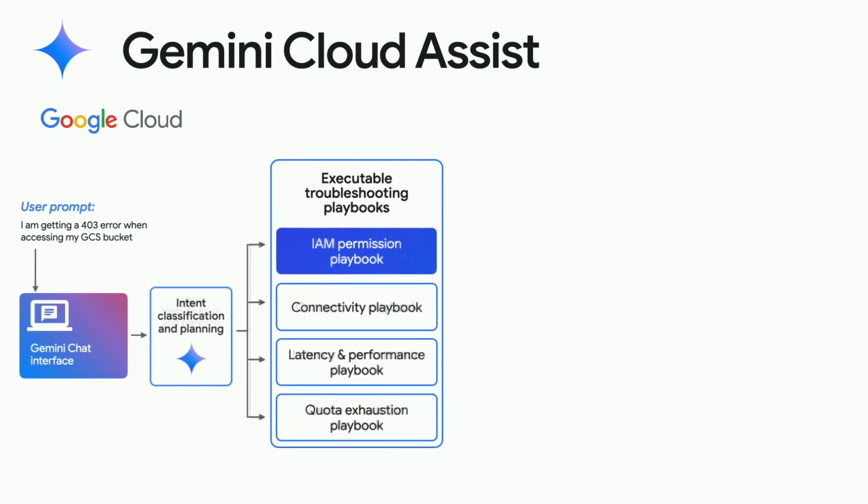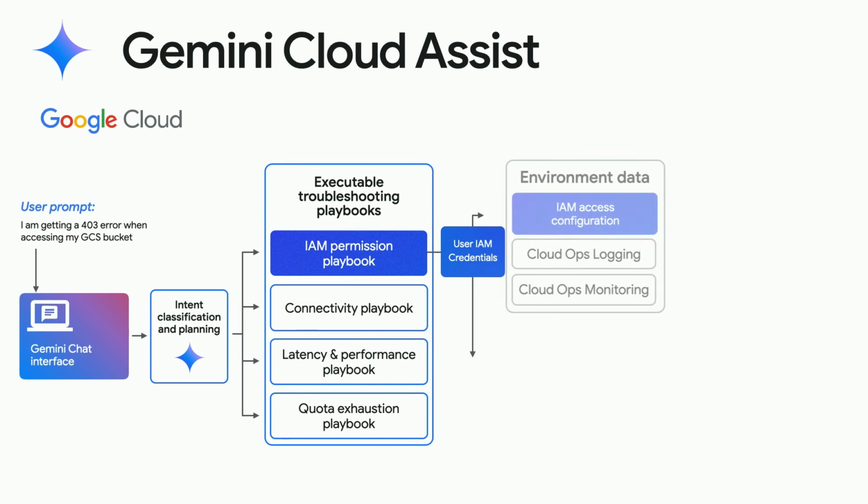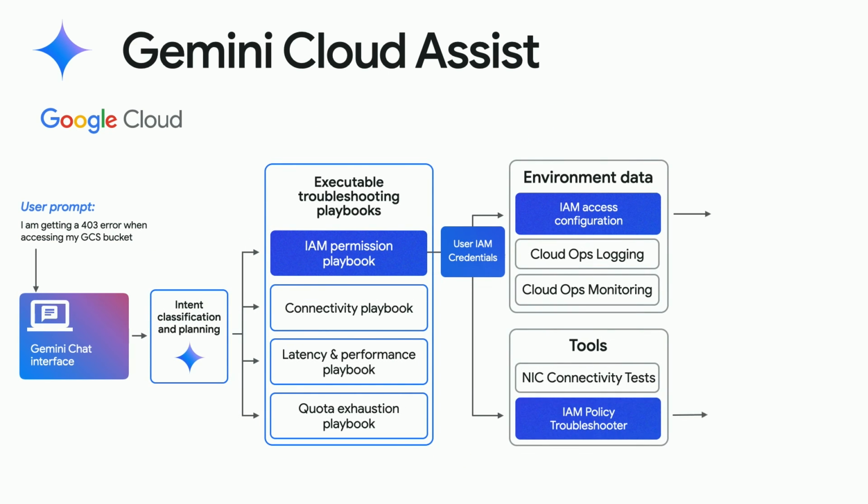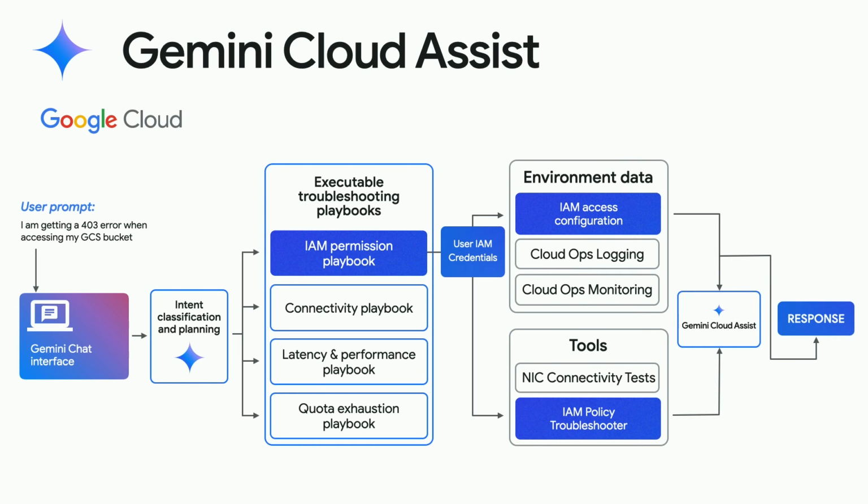We also have access to your configuration. It's very important here, the point that it makes about IAM credentials. It's not like Gemini will present a user with information that they don't have access rights to. It will actually consider your privileges to understand what kinds of tests and what kinds of reports it can provide to you as a user.